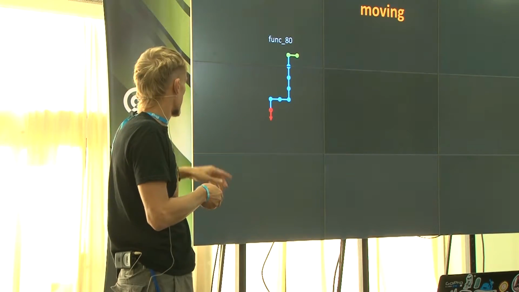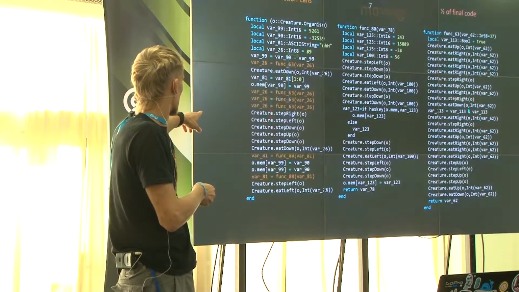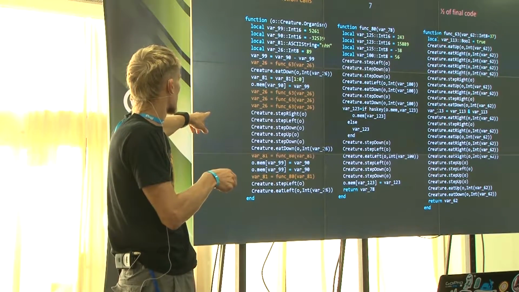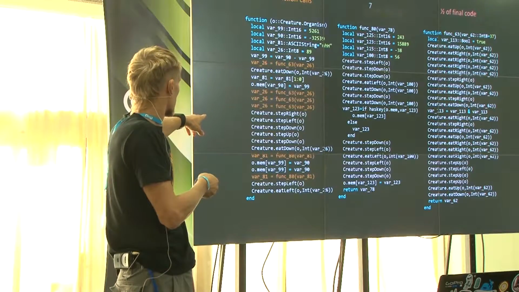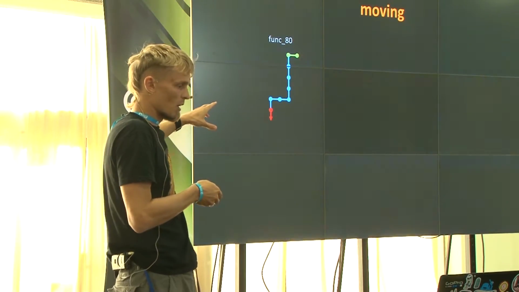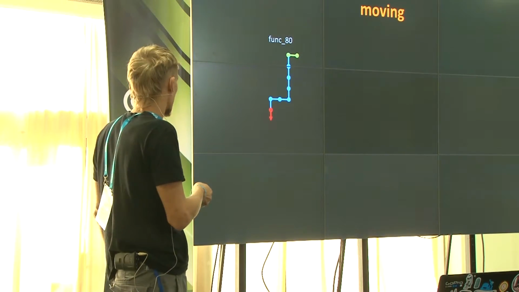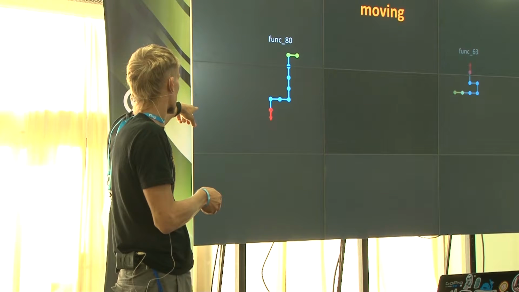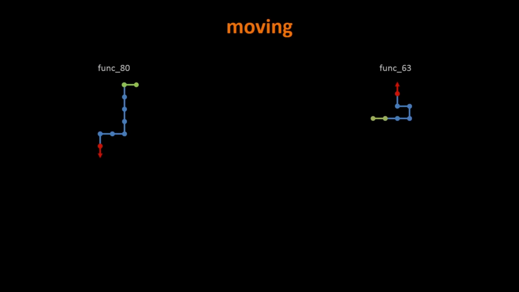Okay, this is an example. As you can see, we have root code here. This is one function, this is another function. And this is an example of how this particular organism moves itself. This is one function, the trajectory of moving, this is another one, and this is the result.